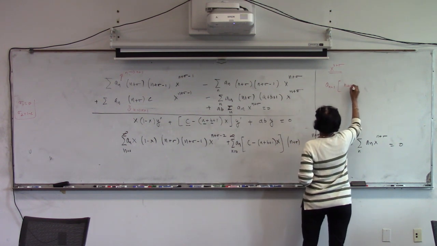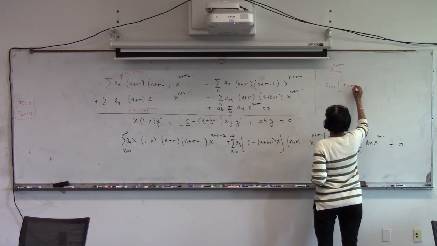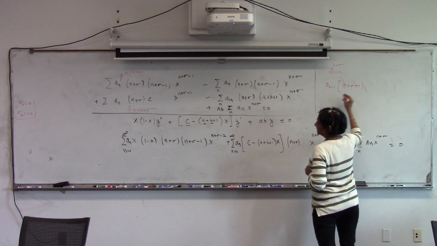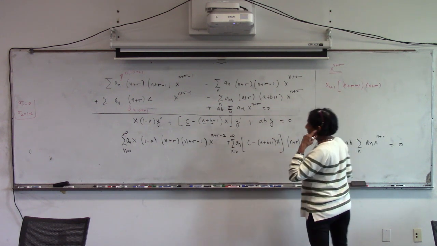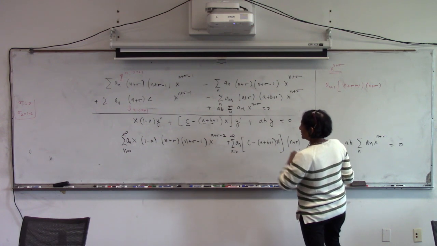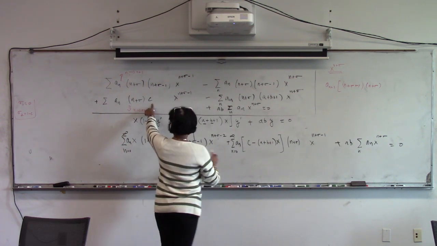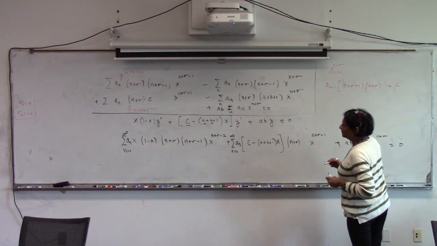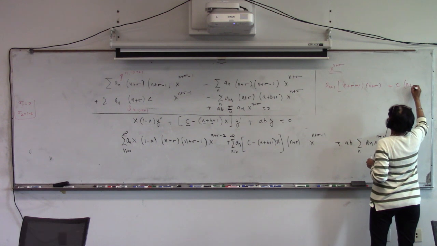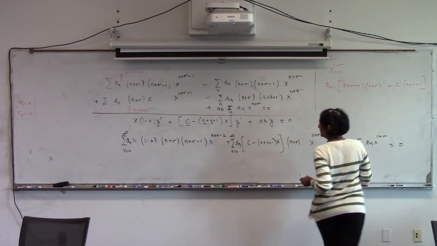n plus sigma plus 1 you want, and that is n plus sigma. The second term will become, oh, there's a c here, I have to worry about that, plus c times n plus sigma plus 1.